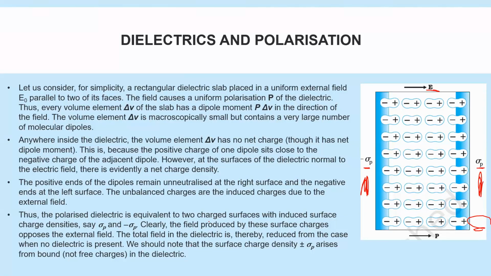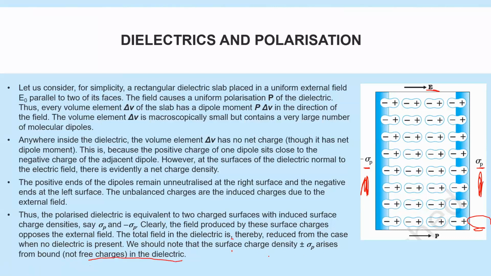Clearly a field is being produced by these surface charges which opposes the external field. So the total field in the dielectric is thereby reduced from the case when no dielectric is present. We should note that the surface charge density plus or minus sigma p arises from bound, not free, charges in the dielectric.